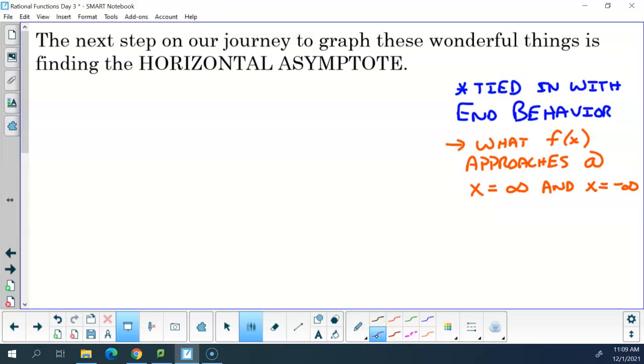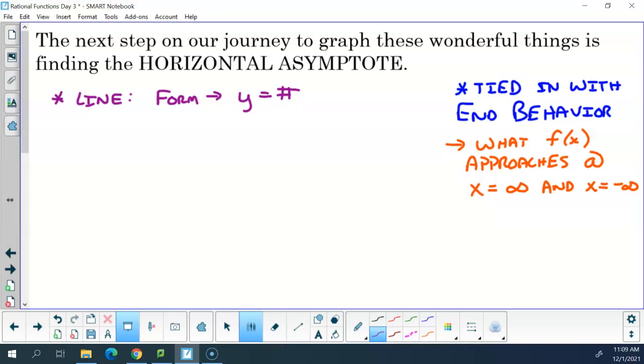It, the horizontal asymptote, is a line, just like it was for the vertical one. Okay. So it's going to have a specific form. Since it's a horizontal line, what is the form going to be? Y equals some number. Okay. So it's always going to be y equals some number. Vertical, x equals some number.